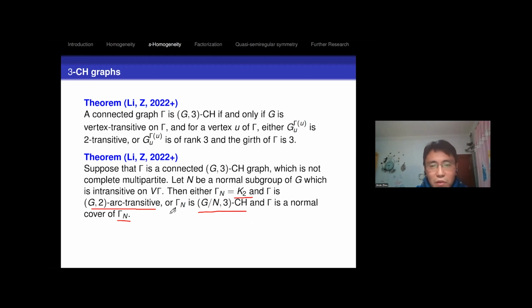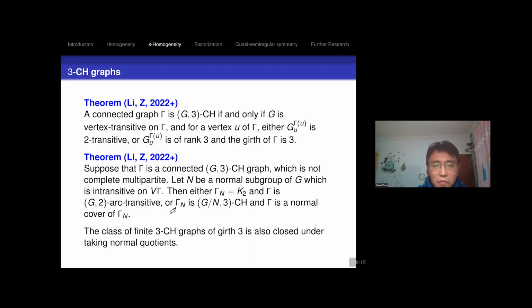So with this theorem, we can see the class of finite 3-CH graphs of girth 3 is also closed under taking normal quotients. Mainly we consider this case here, because we just saw that in the other case the graph has girth at least 4.